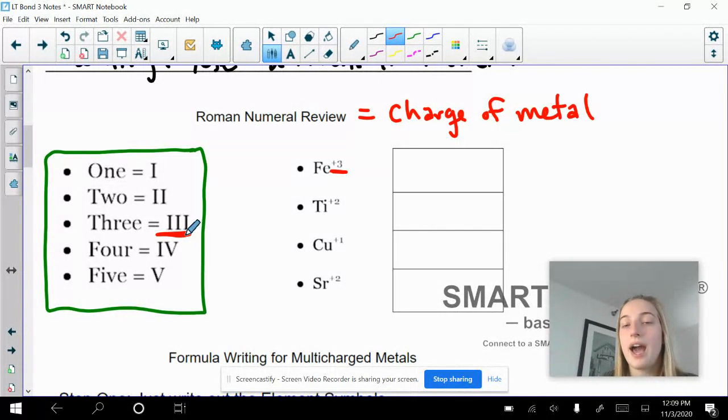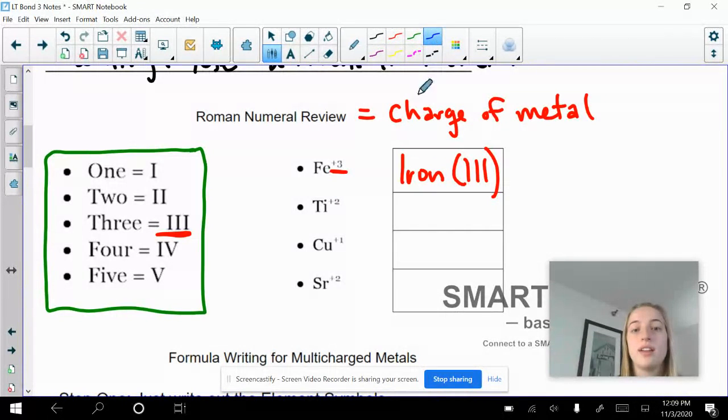When we're writing it out, we write out our whole metal name, so we write out iron, and then in parentheses behind iron, we're going to put our Roman numeral 3. What I think would be easiest for you guys and what I have been doing on the computer is just using a capital I or a capital V when you are writing these out. That's kind of the best format I've found.